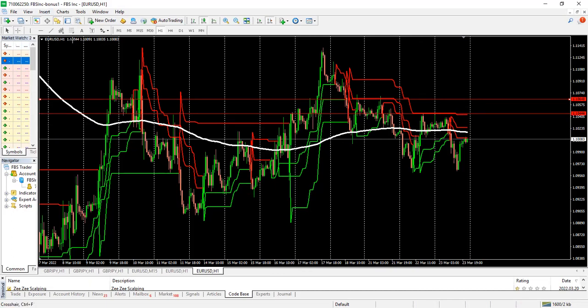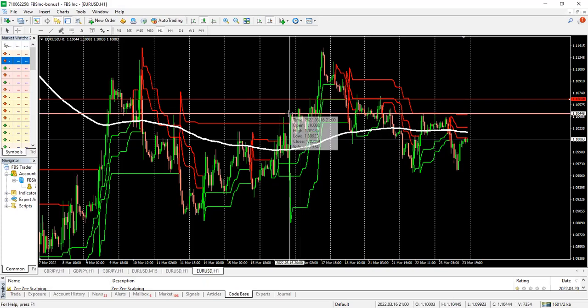Another thing you need to take note of is how you can exit your trade. Number one, you set a particular level of take profit. For example, in this trade, if you had set your take profit to 50 pips, you'd have achieved it here, within 24 hours. Or better still, you did not set a particular take profit level.